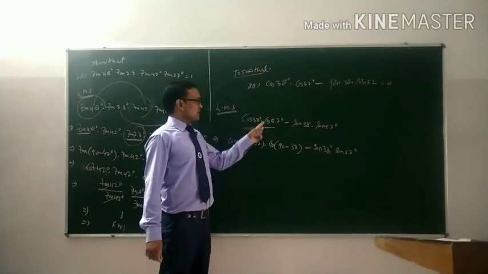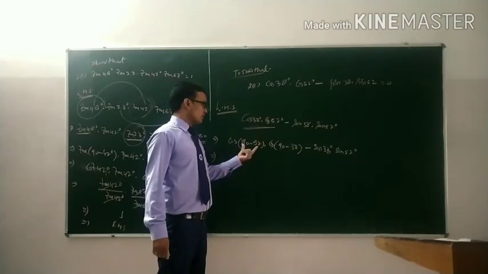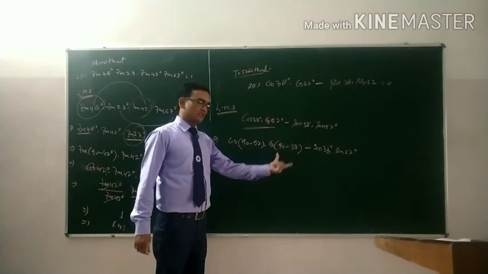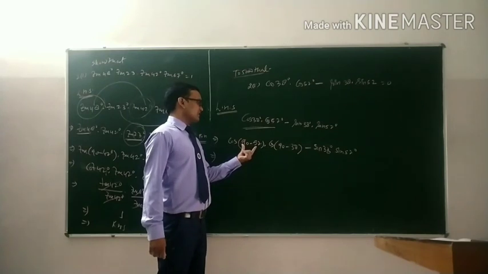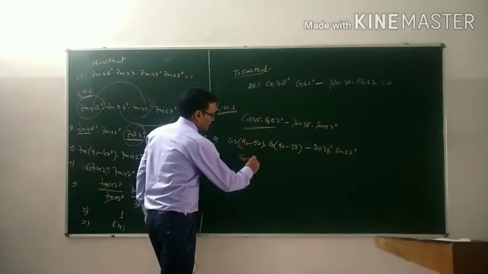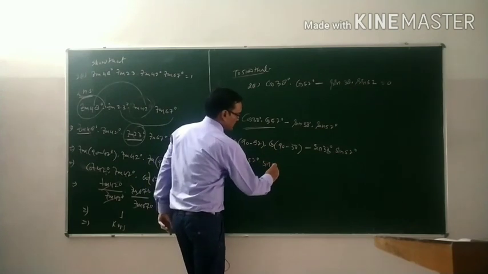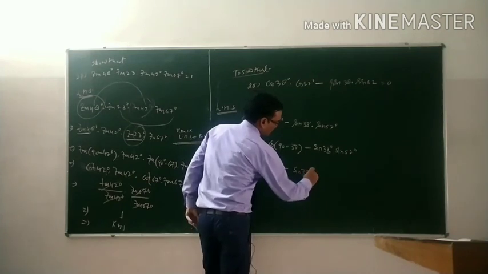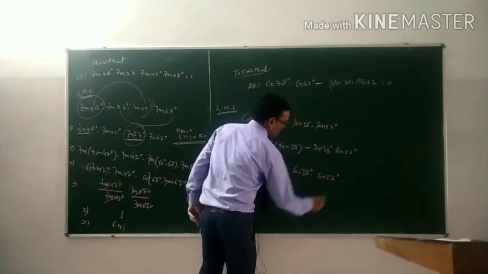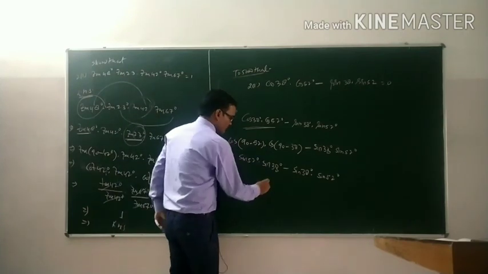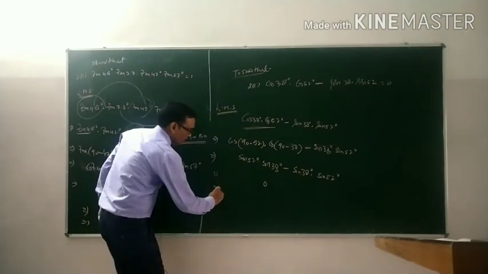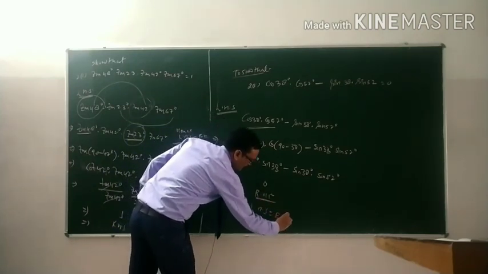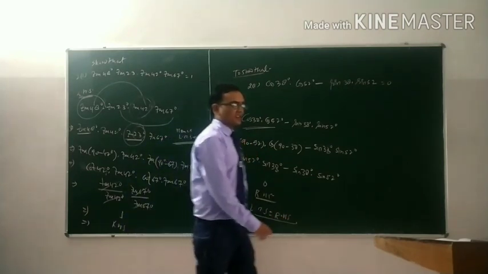Here we put 38 equal to 90 minus 52 and 52 equal to 90 minus 38. Cos(90 minus A) equals sin A, so sin 52 and sin 38 minus sin 38 and sin 52. Both are the same, so our answer is 0, which is the right hand side. Left hand side equals right hand side. Okay students, hence proved.